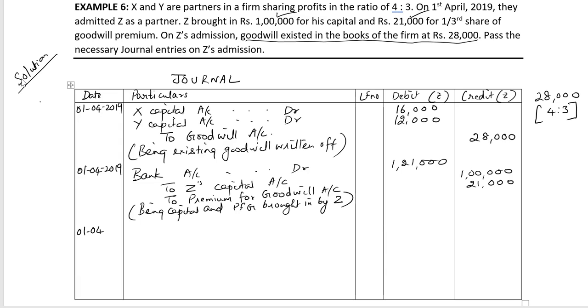The third entry, we need to distribute the PFG of rupees 21,000 among sacrificing partners in sacrificing ratio.